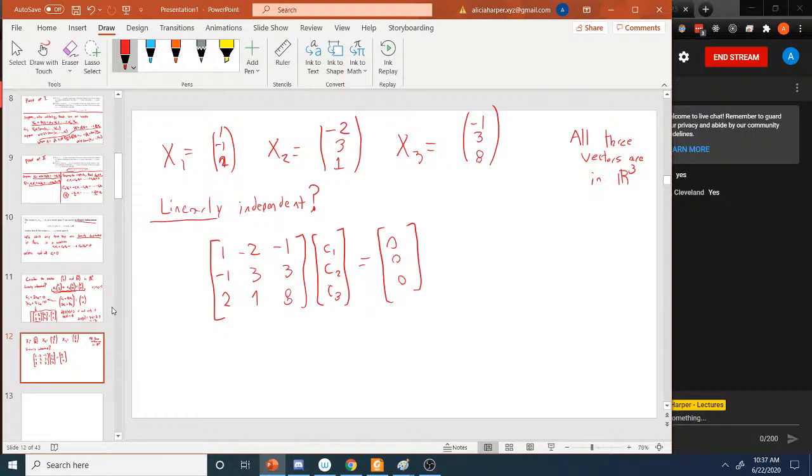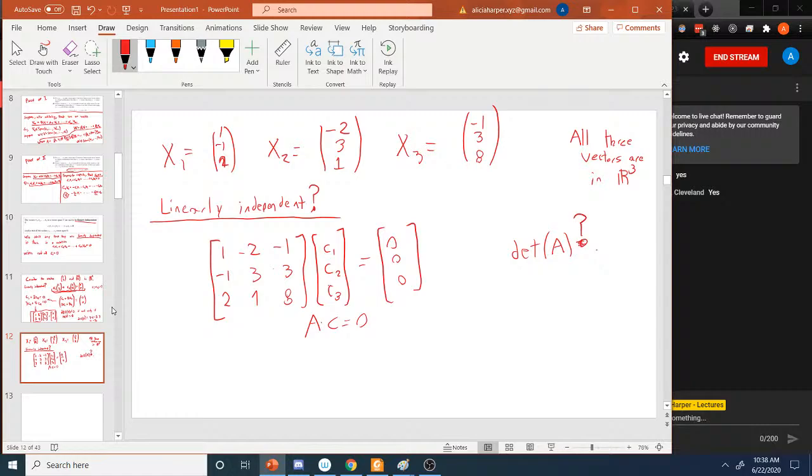The question of the linear independence of these three vectors corresponds to whether there are non-trivial solutions of this matrix equation. And the existence of non-trivial solutions, in this case, corresponds to whether or not the matrix is singular. So what we have to do is analyze the determinant of A.